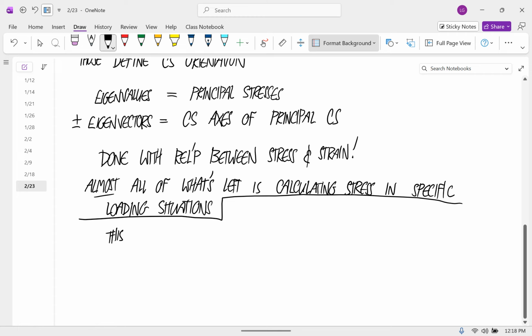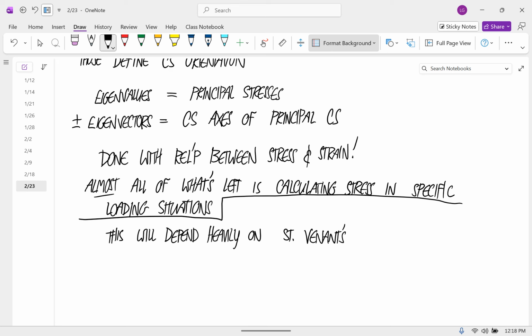This will depend heavily on Saint Venant's principle. This is the other kind of principle than the principal stresses.